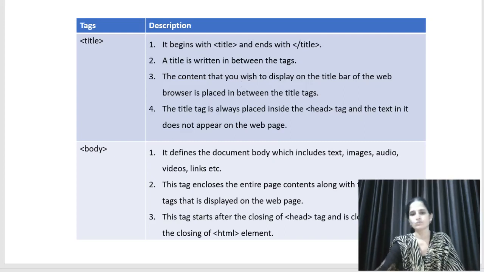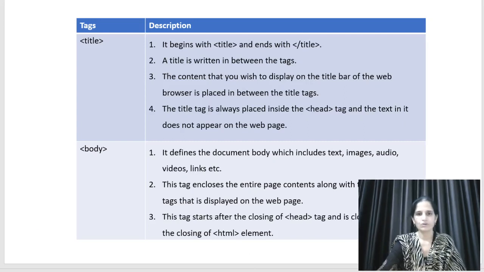Body tag is also your container tag. This tag encloses the entire page content along with the associated tags that are displayed on the web page. All tags are inserted between the body start and body close tag. This tag starts after the closing head tag and it closes just before the HTML tag.